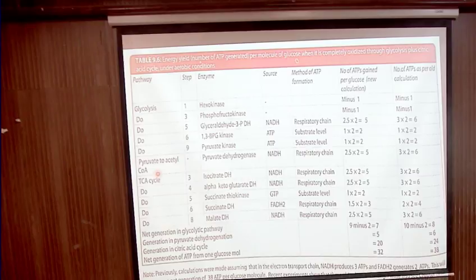This is the conversion of pyruvate to acetyl-CoA. Technically, it doesn't fall under glycolysis, neither does it fall under TCA cycle. Because when we are talking of TCA cycle, we don't have to write about this step, pyruvate to acetyl-CoA. When we are writing glycolysis, you don't have to write pyruvate to acetyl-CoA again, because you can stop your cycle at pyruvate.